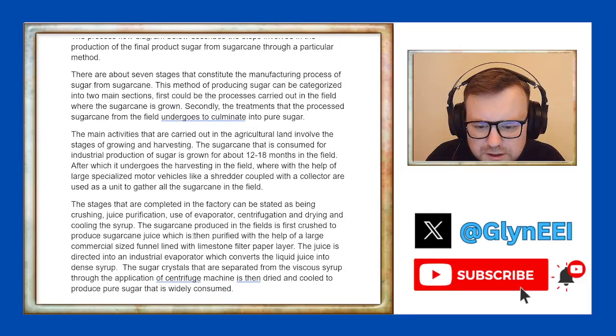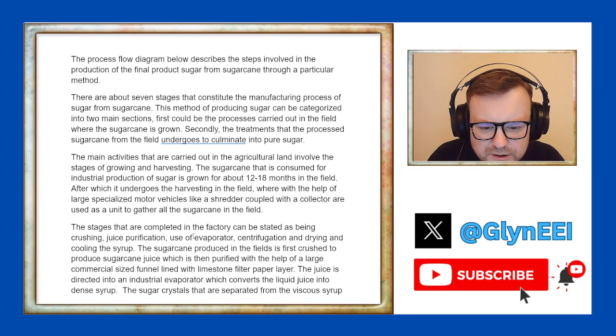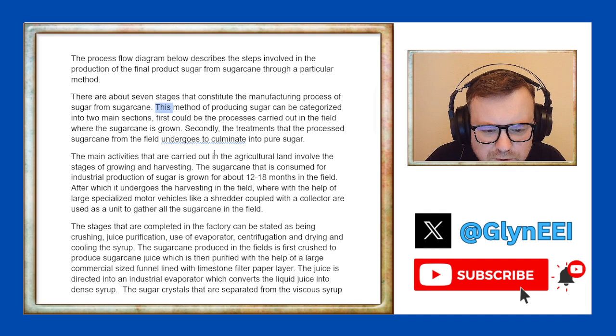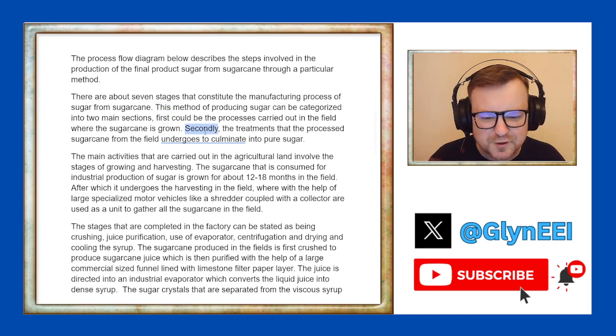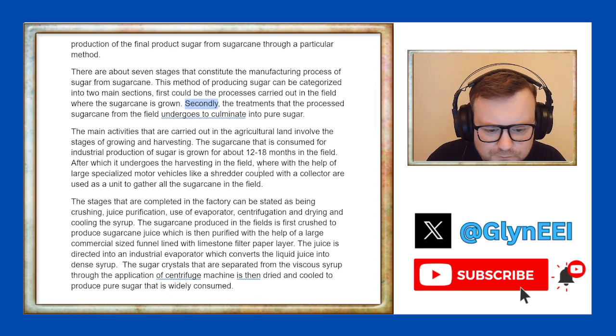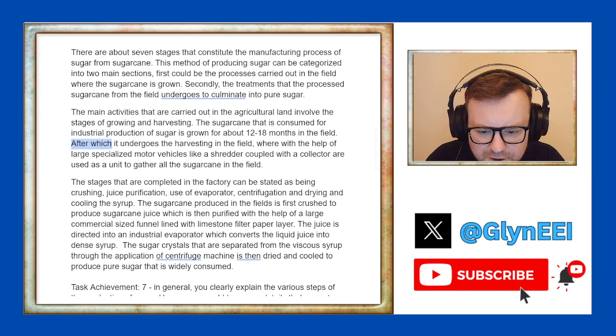Having a look at cohesion. So there are lots of good things in the, okay, very simple. This method, cool. We get first and secondly. Again, I'd prefer firstly and secondly, or the first thing is blah, blah, blah, and the second thing is blah, blah, blah. We do get some nice relative clauses there, after which is very nice.